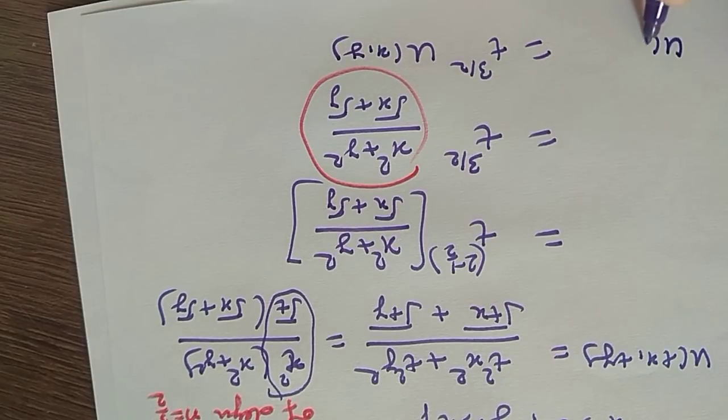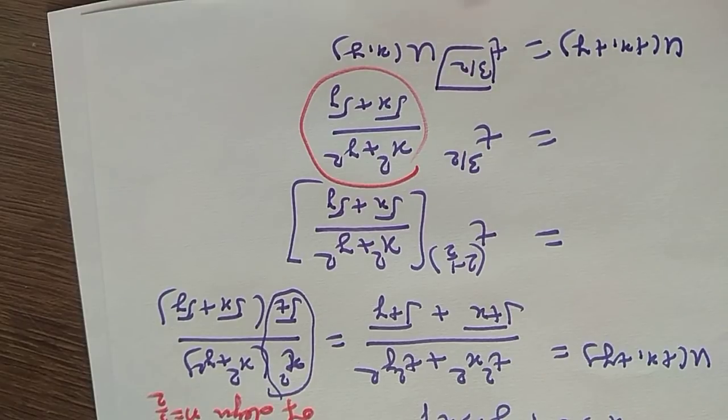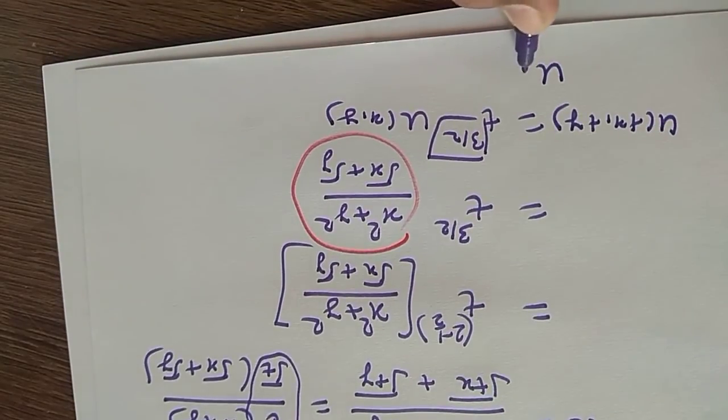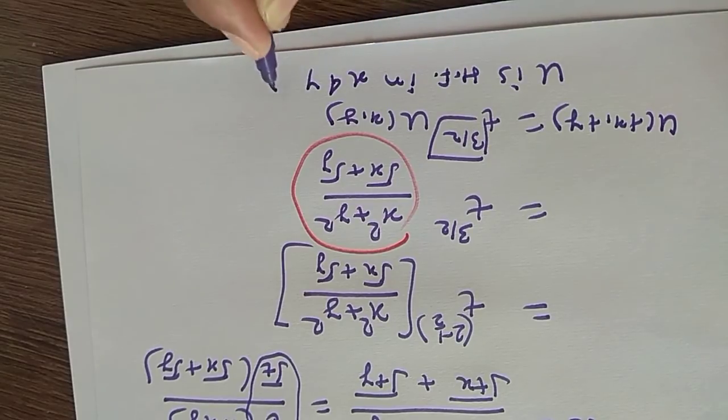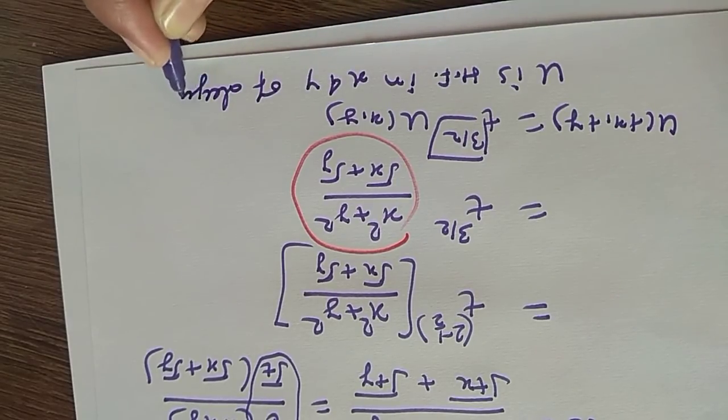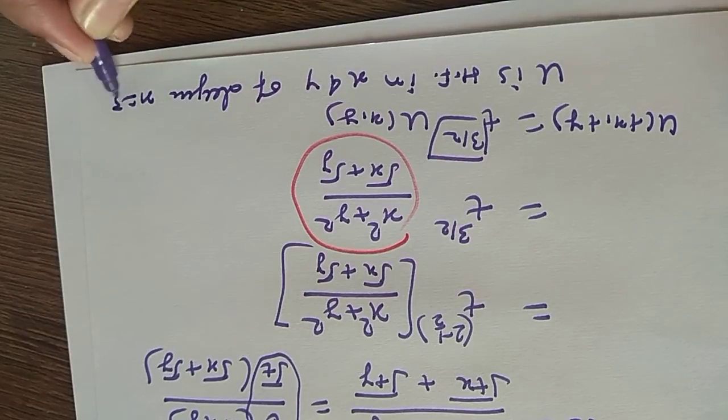Means we can write u of tx, ty is equal to this term, and this is called the degree. Means u is a homogeneous function in x and y of degree n equal to 3.